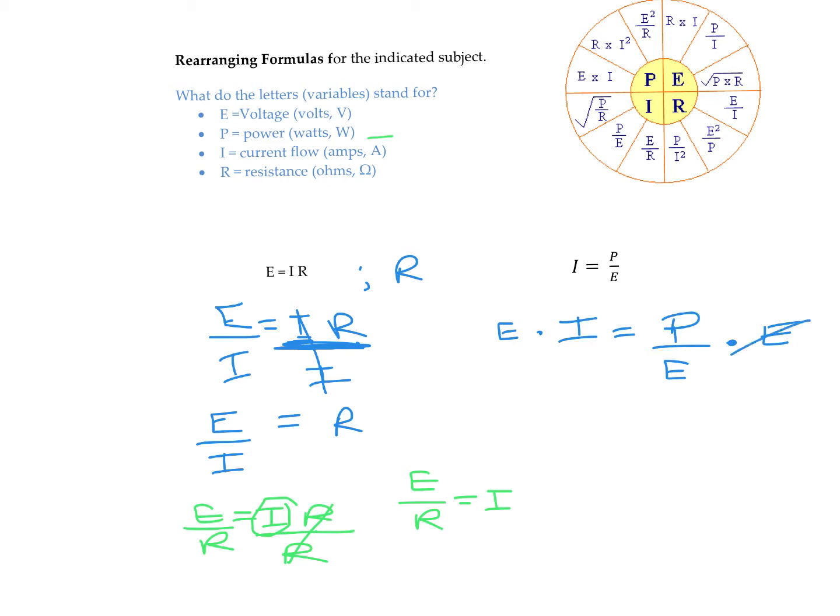Cancel this and cancel this. That leaves us with a new formula, P equals E times I. And now it's what we call more like a linear formula. There's no longer a fraction. So if you were given the voltage E and the current I, you could solve for power.